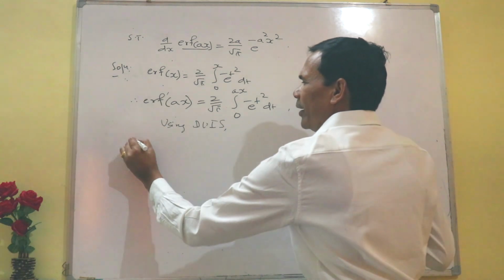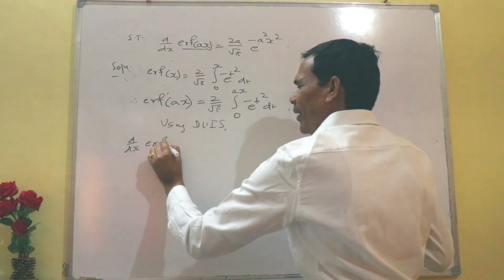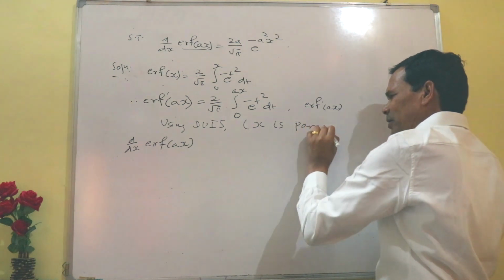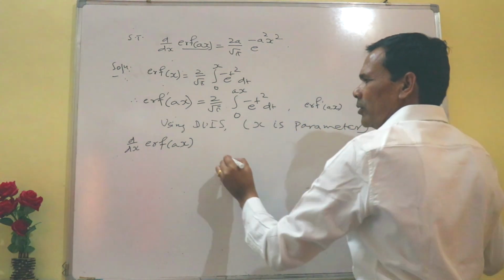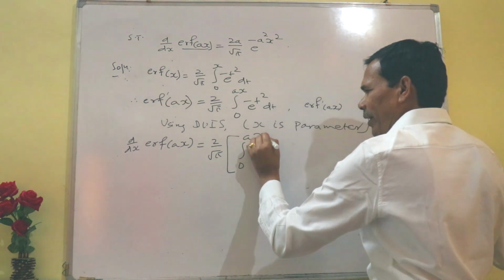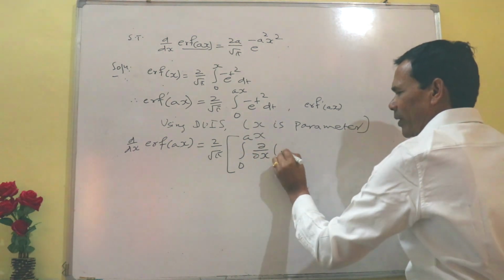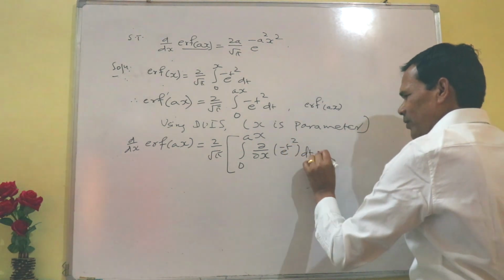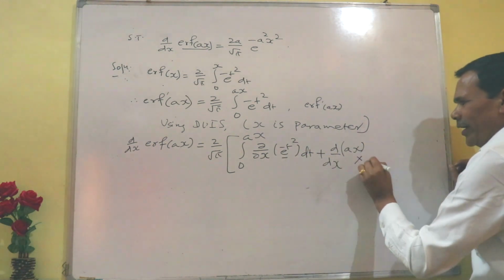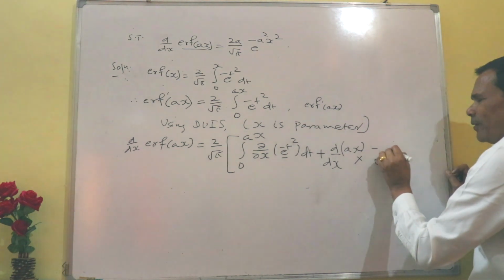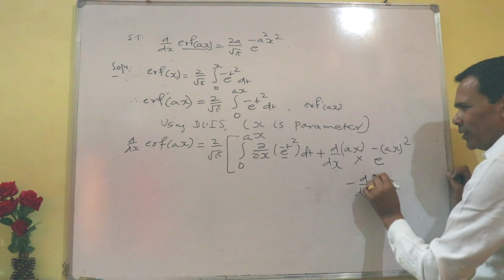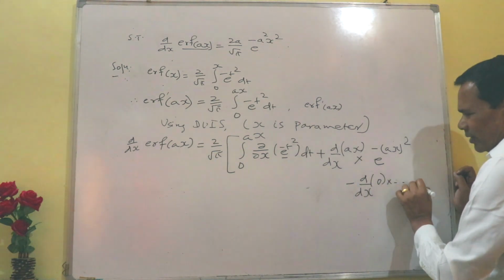So d by dx of error function of ax, considering x as parameter: 2 upon root pi, integral from 0 to ax of the partial derivative with respect to x of e raised to minus t square dt, plus d by dx of the upper limit, which is ax, times the integrand where t is replaced by the upper limit ax, squared, minus the derivative of the lower limit, that is 0, and hence the next term would be 0.